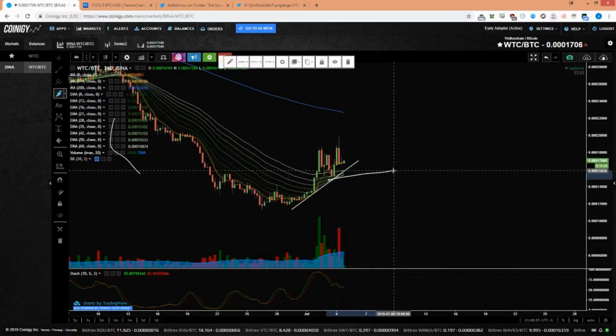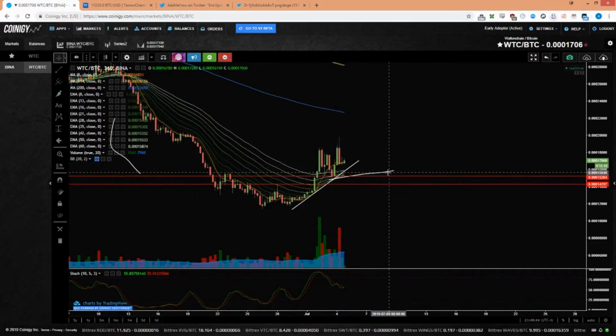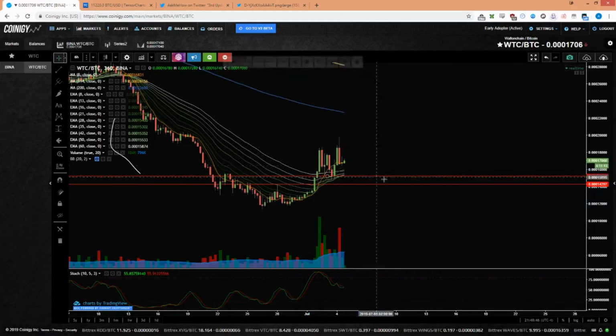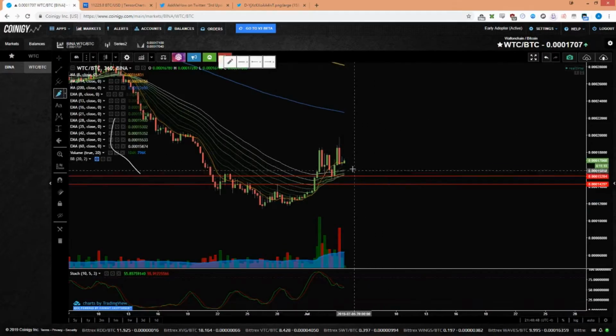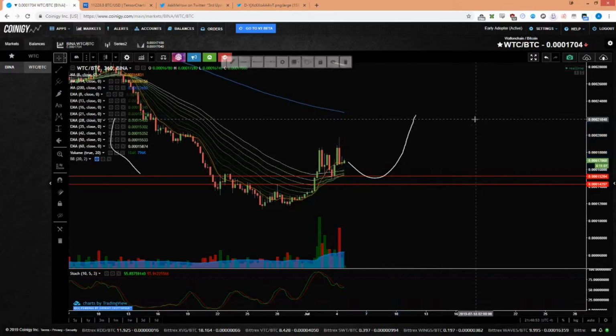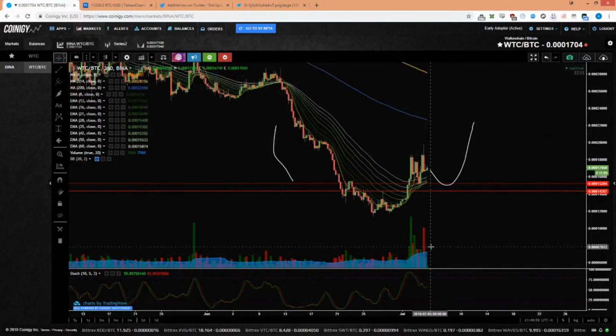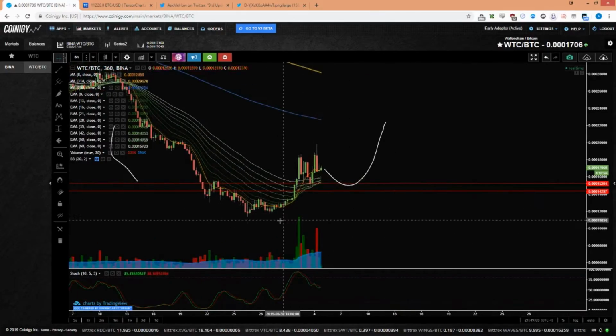You kind of want it to hold above this level, and then you'd like it to go up to here maybe. It looks like it's pumping on news or something, but if it's not, then it looks bullish.